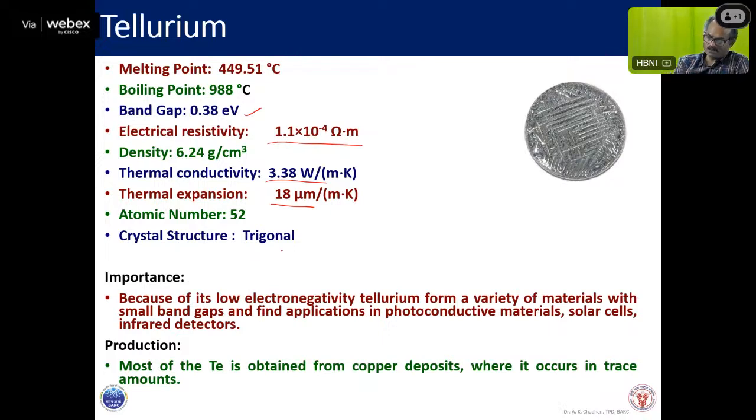Crystal structure, it crystallizes in a trigonal structure. And the importance is that because of its low electronegativity, tellurium forms a variety of materials with small band gaps and finds applications in photoconductive materials, solar cells, infrared detectors. Then next comes how it is produced. Most of the tellurium is obtained from copper deposits where it occurs in trace amounts.